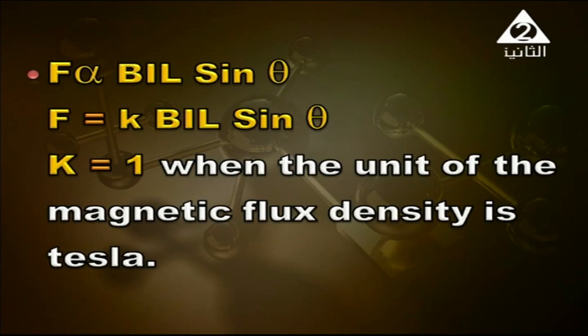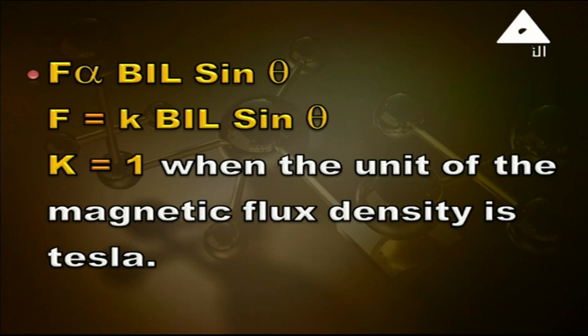So the force is proportional to magnetic flux density B, current intensity I, length of the wire L, and sine of the angle between the wire and the field. The proportionality sign is replaced by equality, so we expect to find a constant K, but K was found to be equal to 1 when the unit of magnetic flux density is Tesla.